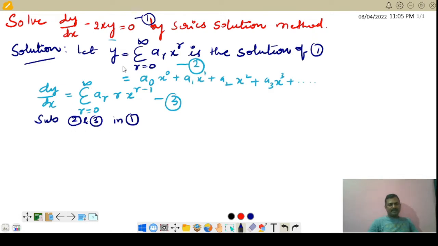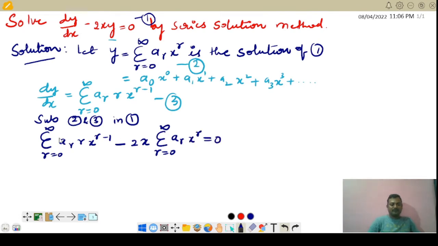Substitute and observe what happens. What do we substitute for dy by dx, student? Summation r runs from 0 to infinity, r a_r x raised to r minus 1, minus 2x into y, which means summation r runs from 0 to infinity, a_r x raised to r, is equal to 0.